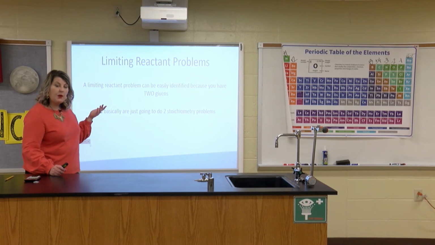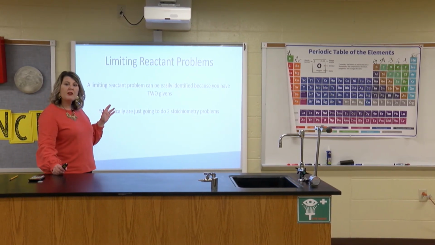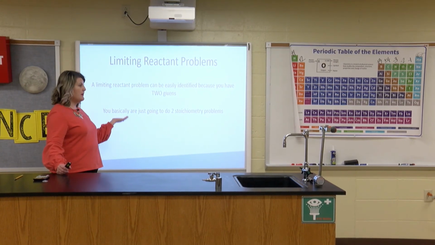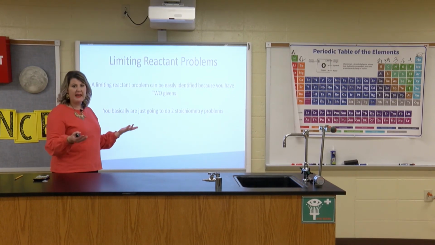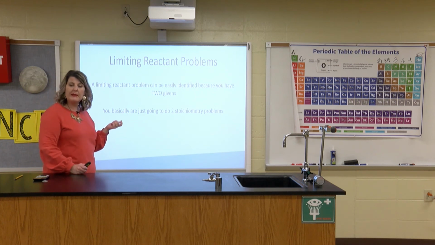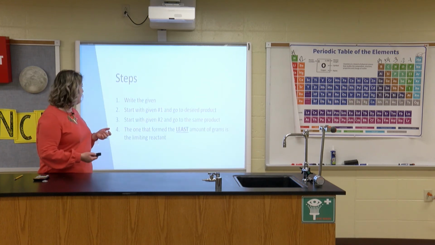These limiting reactant problems are going to be a little different because you're actually going to have 2 givens. So you'll have 50 grams of A and 75 grams of B. It'll be 2 values or 2 amounts of 2 reactants that you're given. And that's how you can tell you have a limiting reactant problem instead of just a regular stoichiometry problem.